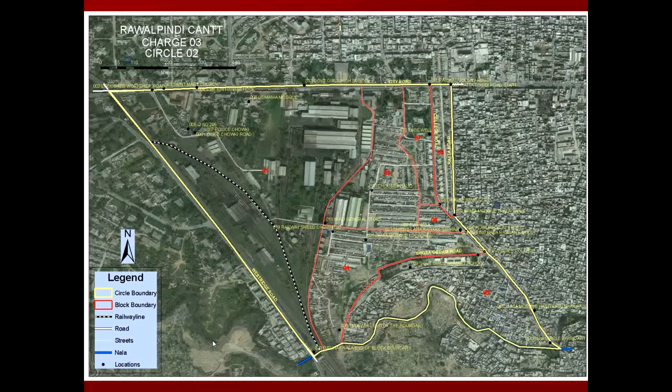This is how each block was bounded by the red color through the GIS system, and in each circle there were 4 to 7 blocks, and the circles were bounded and labeled to show how the monitoring teams and the field officers will go into these areas and check that the data which is collected is accurate and rightly done. It also helped us to know that if any component is missed, it can be tallied with the maps which were generated.